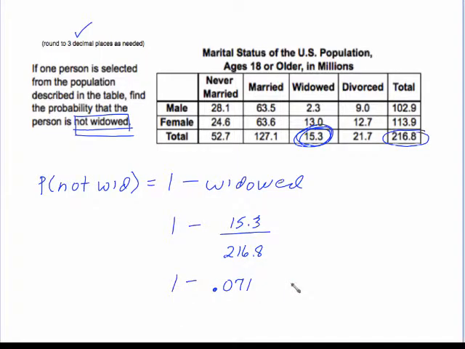And then 1 minus 0.071 is 0.929. Now, another way to do not widowed would be to add up the never married, the married, the divorced, add all those up together, and that would be a numerator over 216.8. So that's fine to do rather than use the formula of 1 minus.